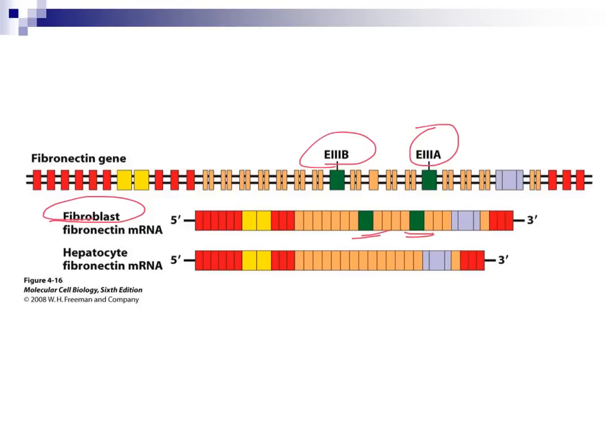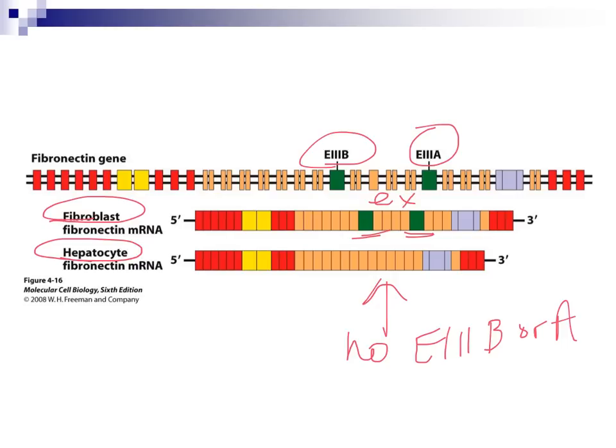However, in a different cell type, which is known as a hepatocyte or liver cell, both of those regions are not there. In other words, inside the fibroblast, they act as exons. They are not removed. Inside the hepatocyte, they act as introns. They are removed.